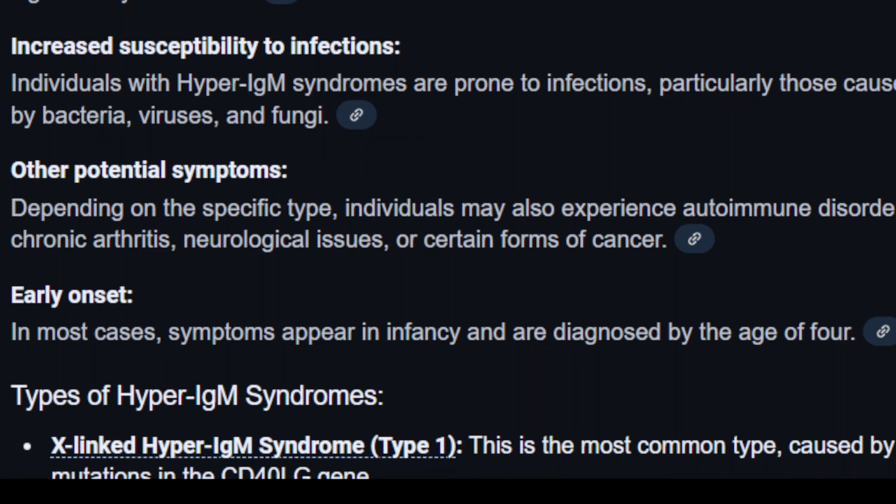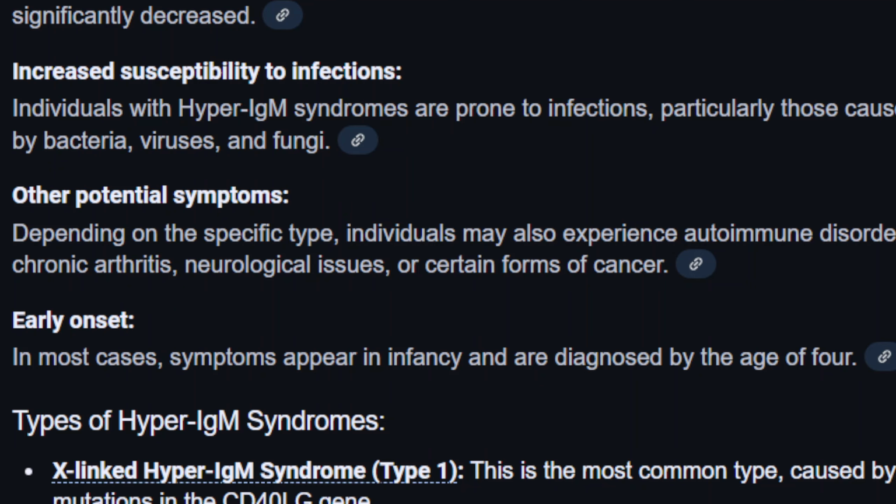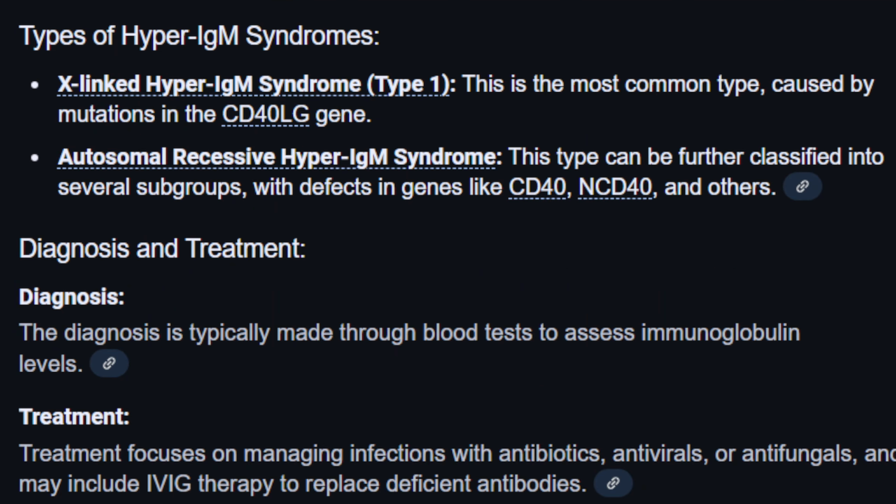Other potential symptoms depend on the specific type. I think this part is important because it tells you about the two different types of hyperimmunoglobulin M syndrome. These are X-linked hyperimmunoglobulin M syndrome, which is type 1, and autosomal recessive hyperimmunoglobulin M syndrome.